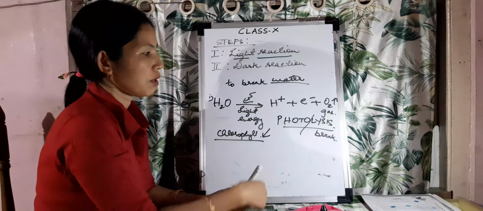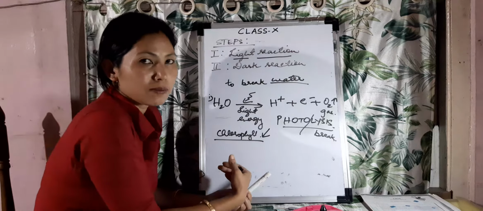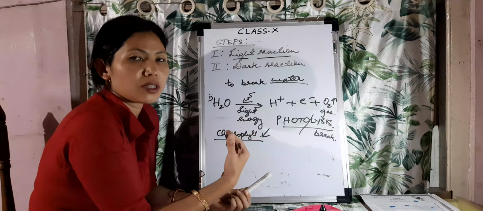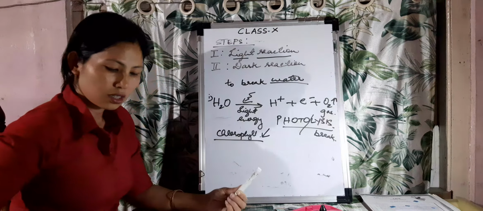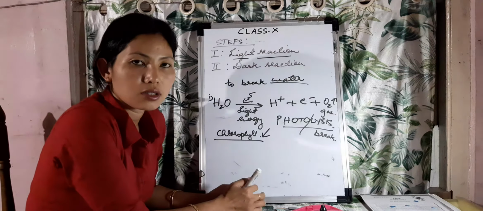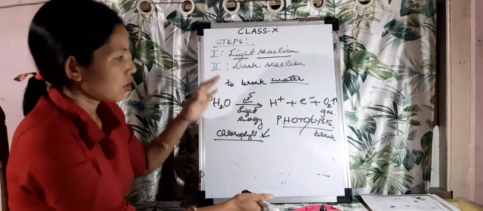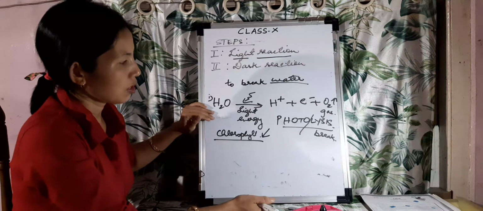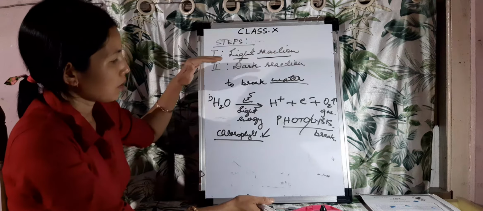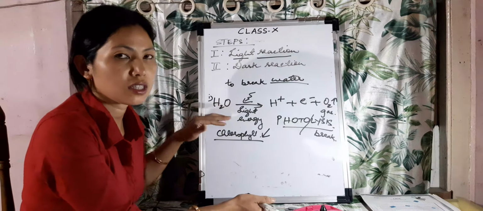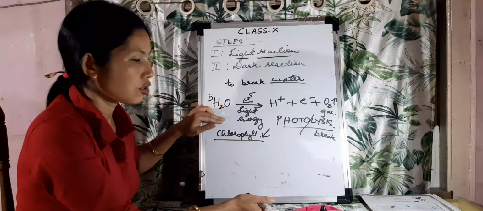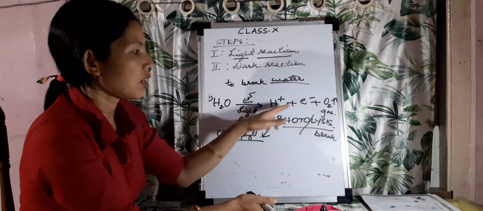So you may remember just a few minutes back I have written down the major events, wherein the second event was the conversion of solar energy to chemical energy. So here we can see that by the splitting of this water molecule, with the help of light energy or the solar energy, a physical energy, is converted into a chemical energy.